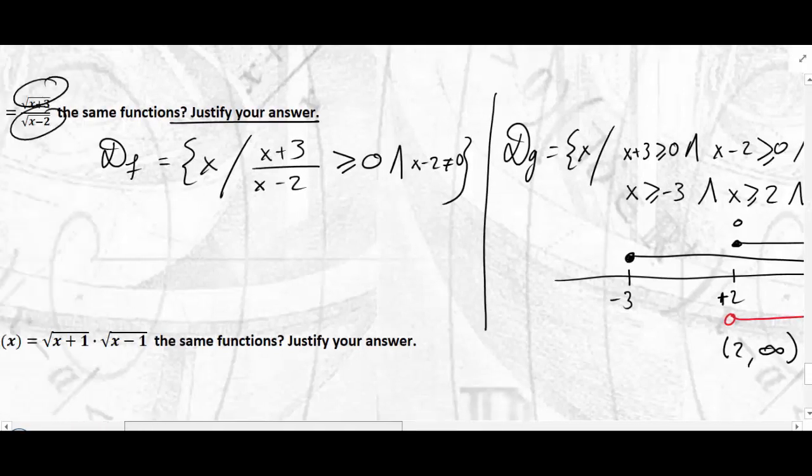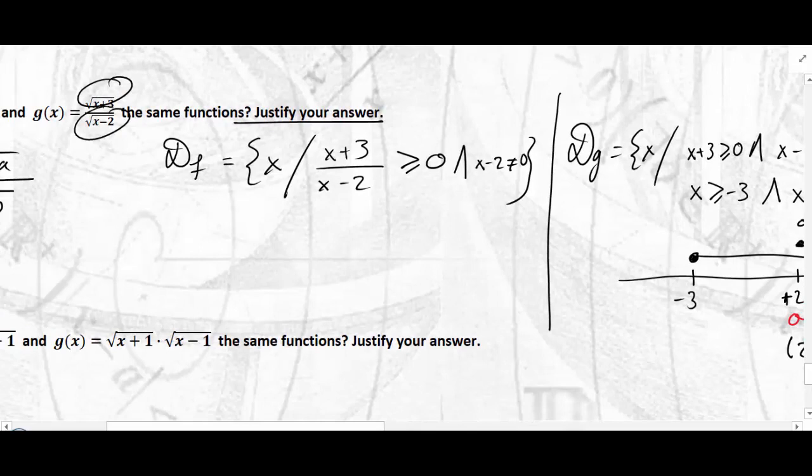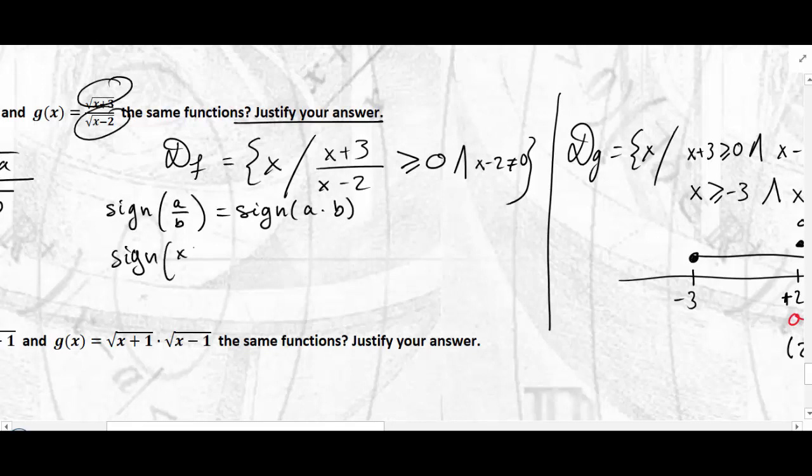Okay, now let's look at the domain of this function. This is a sign of a ratio, so you're going to see me do that a lot. The sign of a ratio is exactly the same as the sign of a product, right? So the sign of x plus 3 divided by x minus 2 is going to be exactly the same as the sign of x plus 3 times x minus 2.